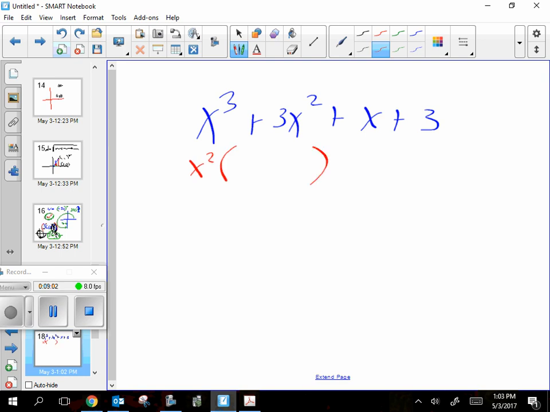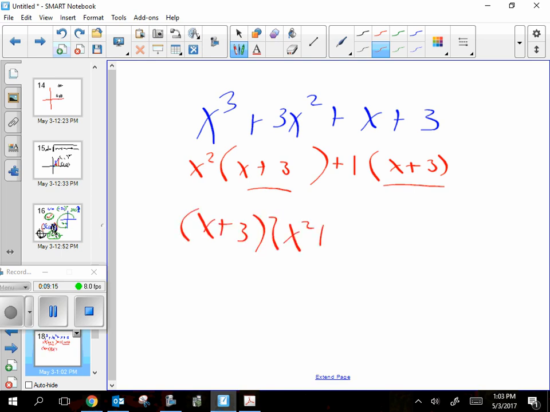The x squared comes out, x plus 3. 1 comes out, x plus 3. I know that's a little weird, but it is true that the 1 can come out, right? Then this and this are the same. x plus 3 times x squared plus 1. And if you left it like that, I would cry a little bit and have to mark it totally wrong. You know why?